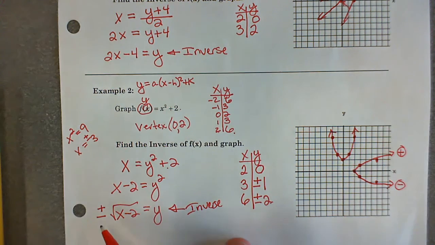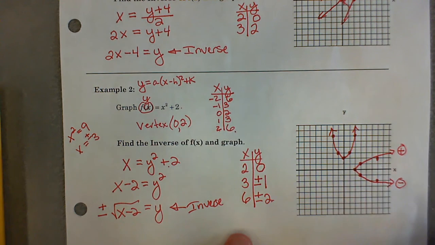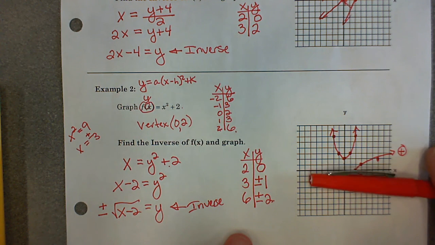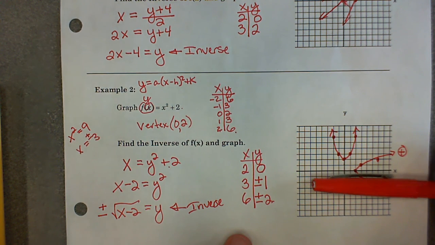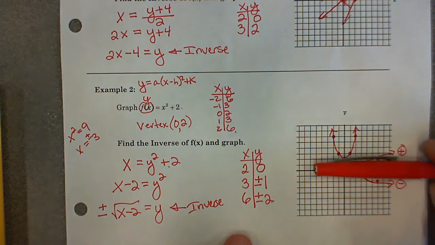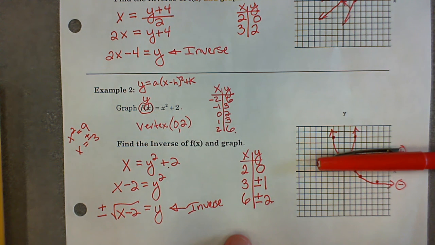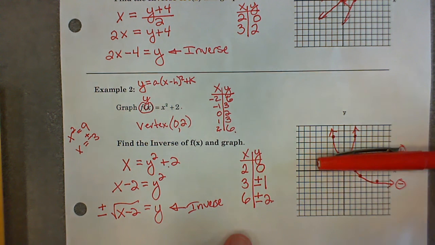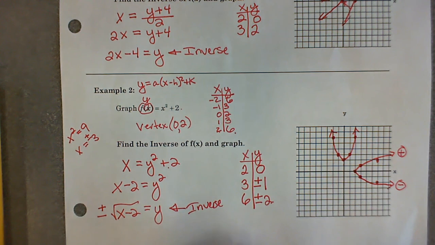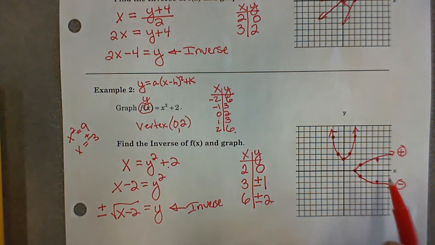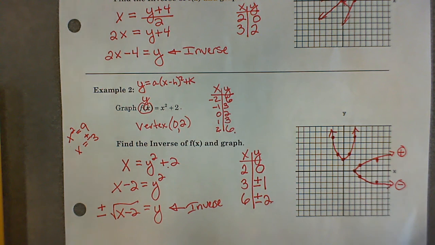So when you have a plus or minus the square root, the top part here is your positive square root. The bottom part is the negative square root. It actually graphs as two pieces. Okay? And we'll be exploring this in much more depth when we do the examples on the next slide.